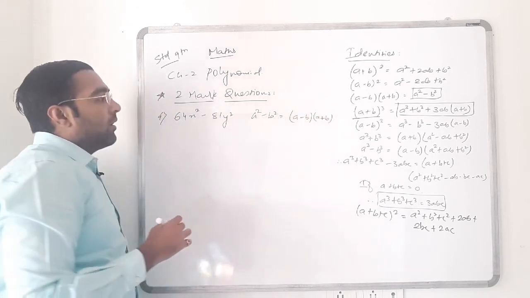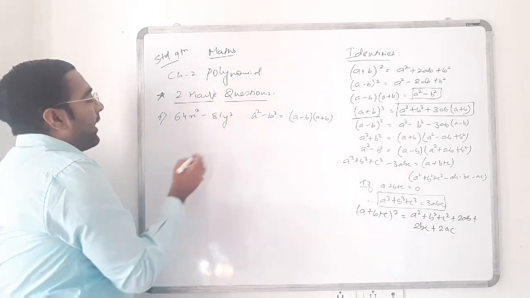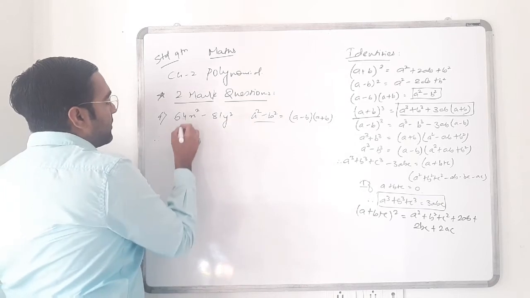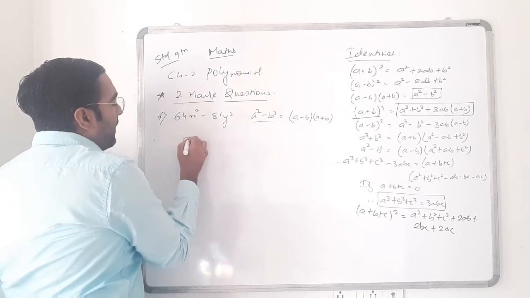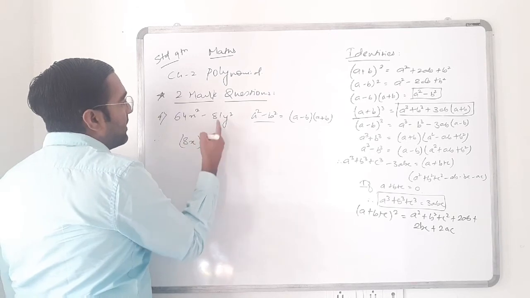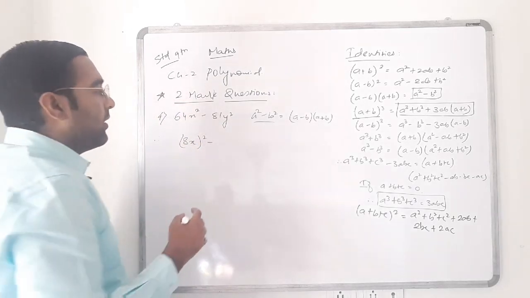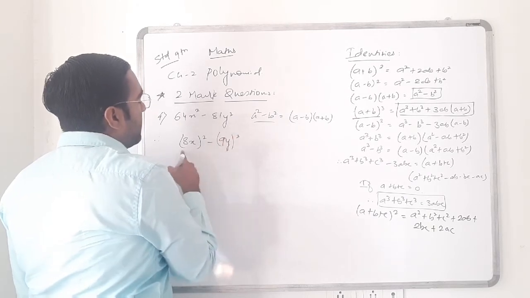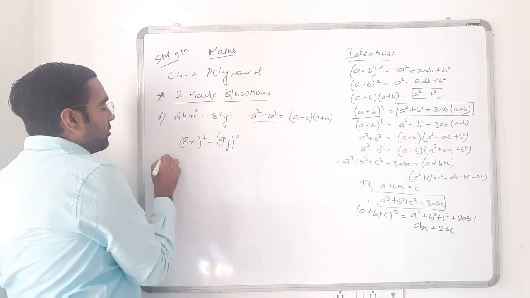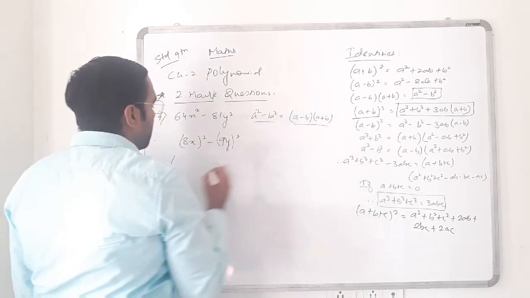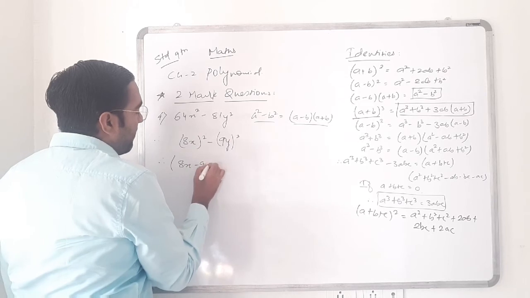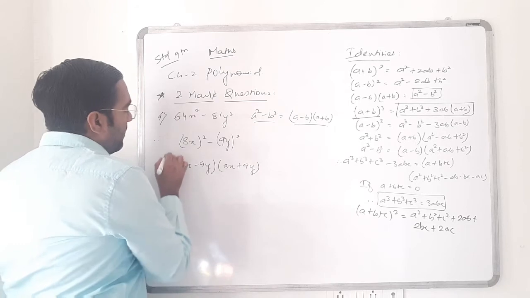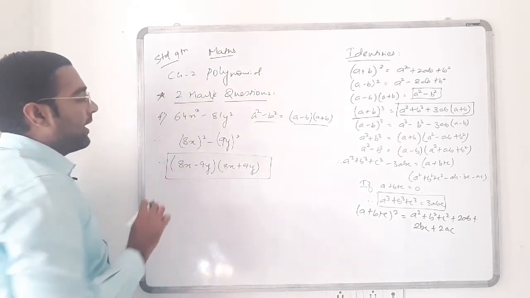So first of all, I'll write the a square minus b square formation. 64x square is the square of 8x, and 81y square is the square of 9y. So here my a square minus b square formation is formed. Therefore my answer will be 8x minus 9y times 8x plus 9y. Clear? So this is your answer.